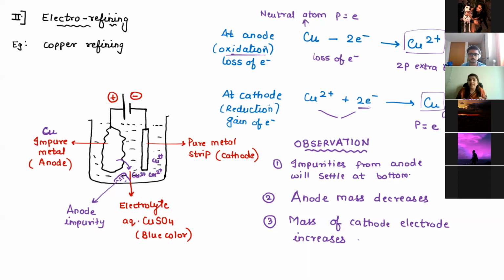You can also use platinum, but the better result is the thin strip of metal. Copper is already there. We are just adding copper to that. So that's how the size of the cathode keeps on increasing and the size of the anode keeps on diminishing.